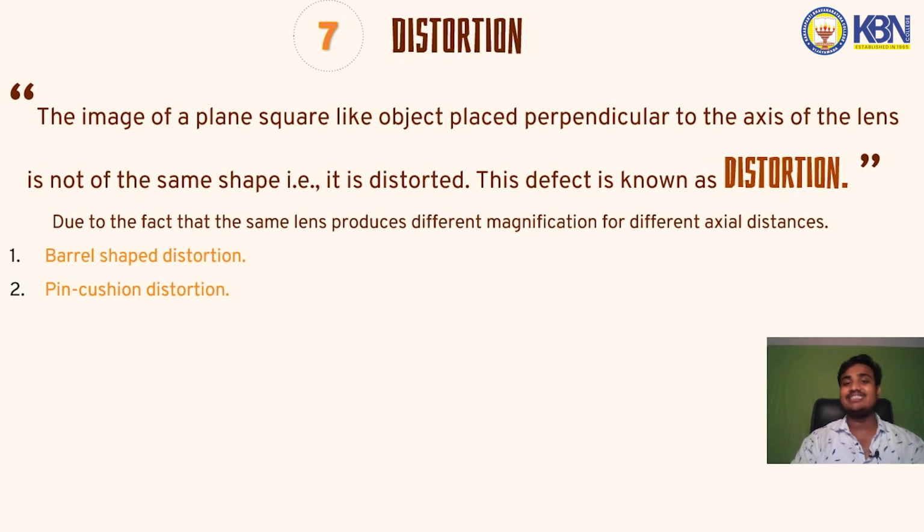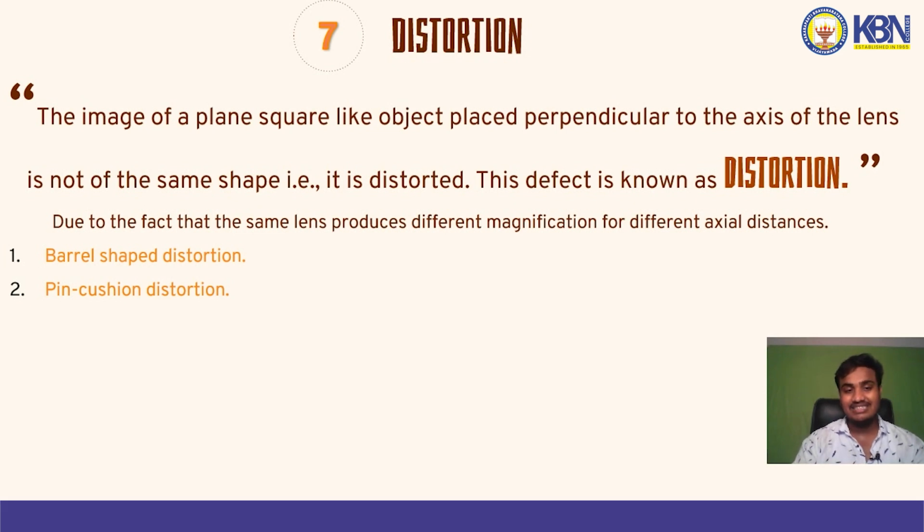Then the last aberration in monochromatic aberration, which arises due to the optical systems, is distortion. Coming to the definition, the image of a plane square-like object placed perpendicular to the axis of the lens is not of the same shape.